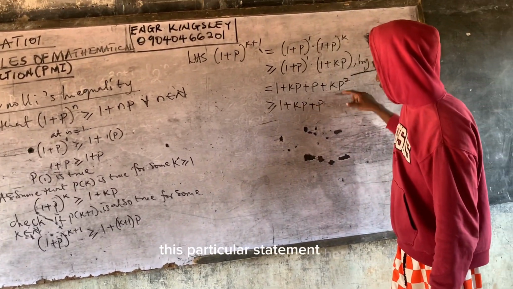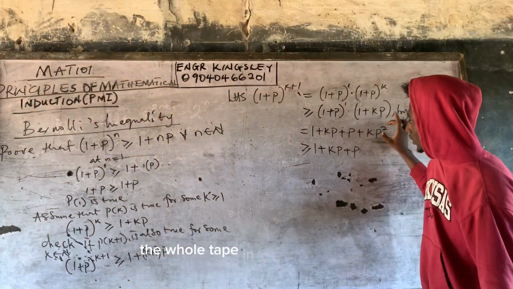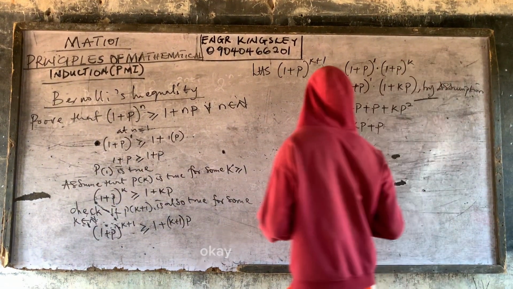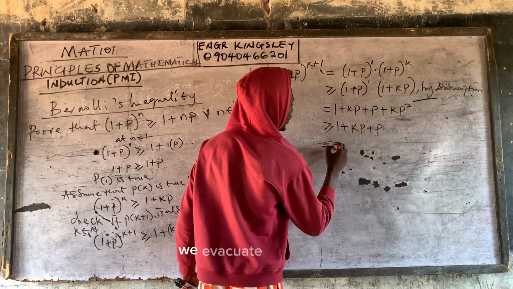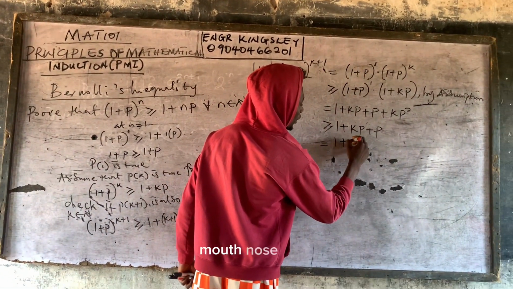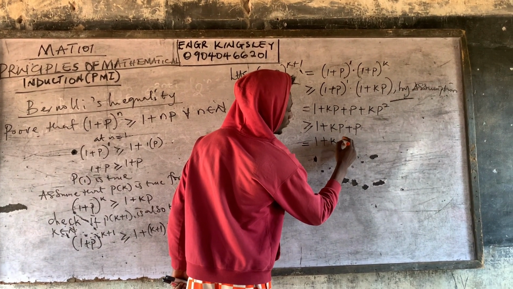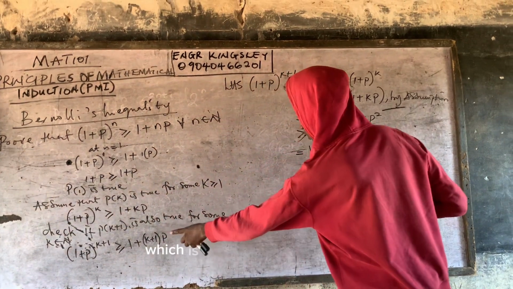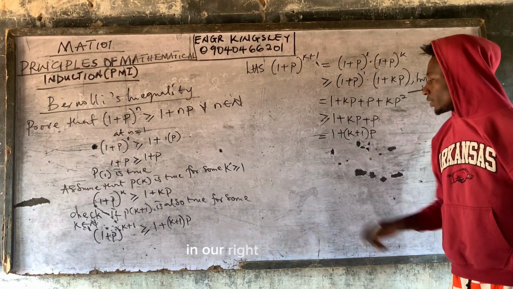That is the reason why we have to change the whole thing in the left hand side and say that it is greater than or equal to the right hand side. Okay, so p is common, we factor it out. We have 1 + (k + 1) all multiplied by p, which is the same thing with what we have in our right hand side.